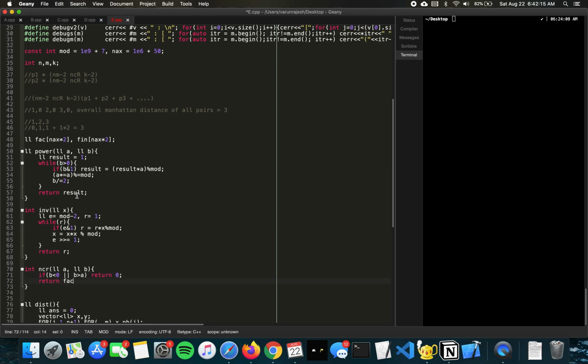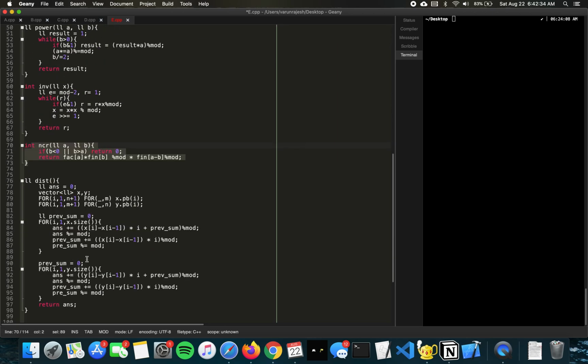Otherwise we would return fac of A times fin of B mod mod times fin of A minus B mod mod. Yeah, so this is a well-known way to find NCR in a fast manner.